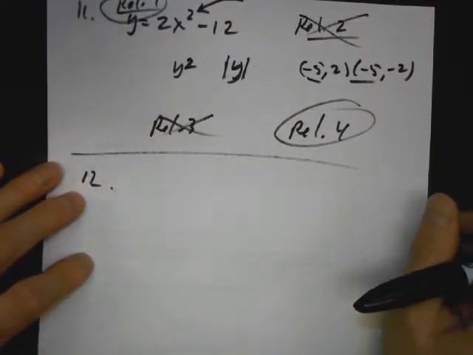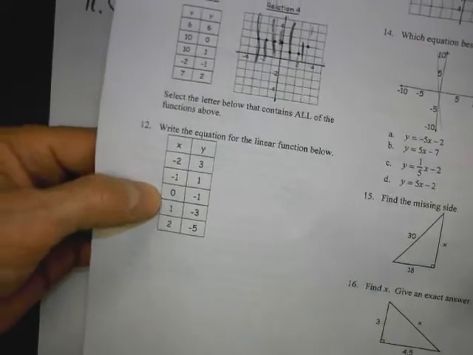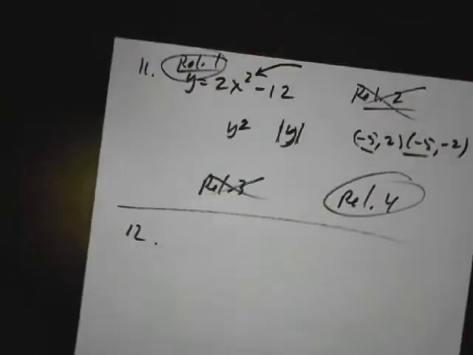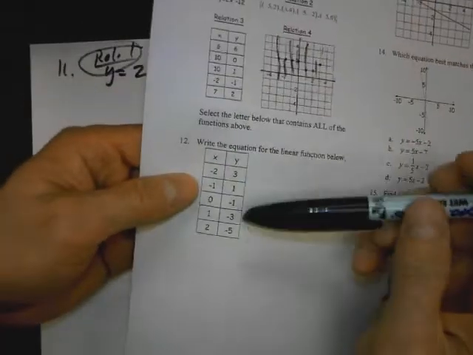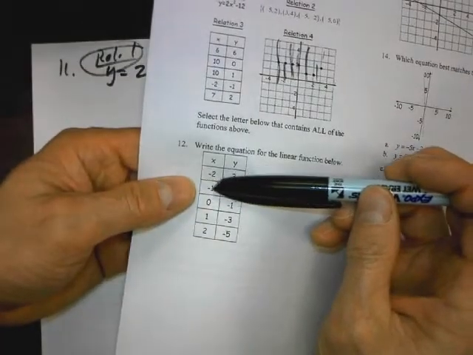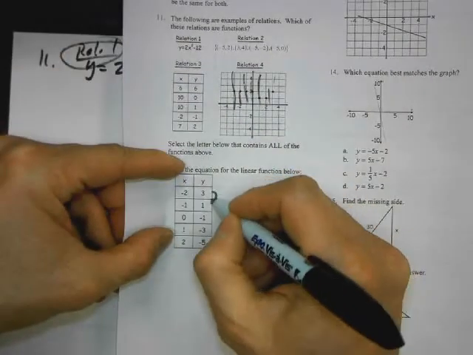Write an equation for this. Okay, so the long way to do this is to take any 2 points you want. They give us 5 sets of coordinates. You can take any 2 points you want, find the slope, then take a point and find the b. However, they put this in order. You see how it goes in order? If it goes in order, you get to take a shortcut. You can see the rate of change here.